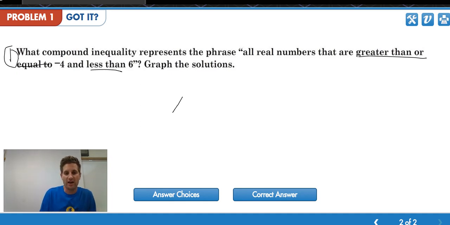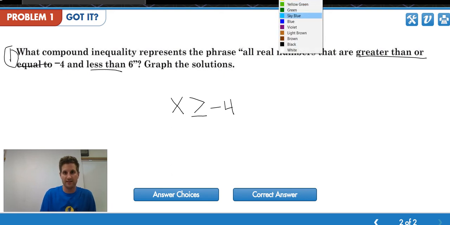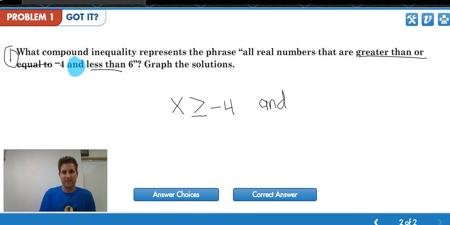So we can say x is greater than or equal to negative 4. The word here that is key is and. So we can write the word and. X is less than 6.